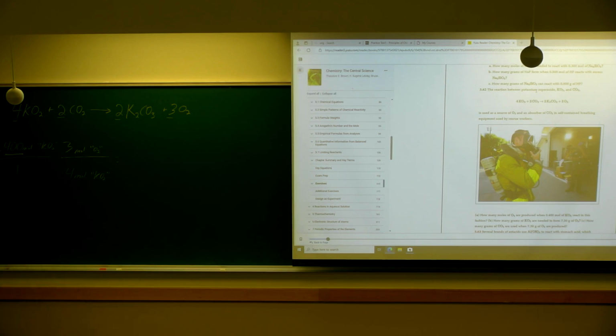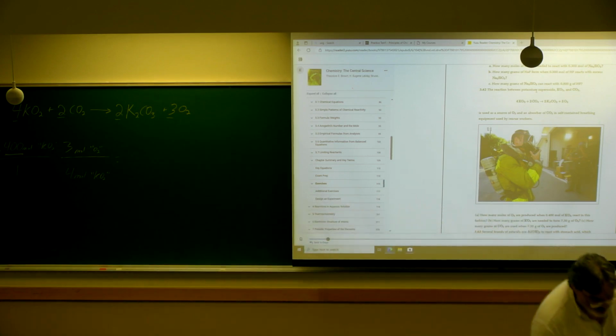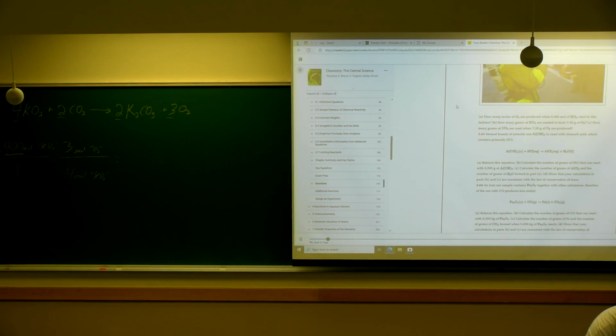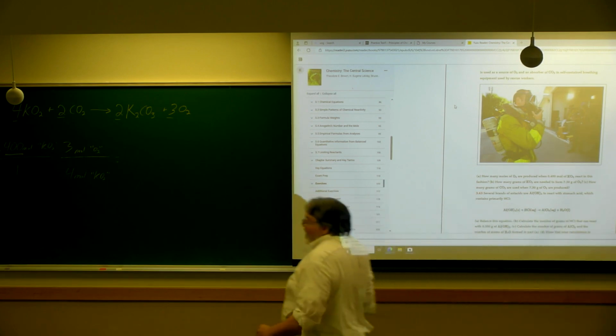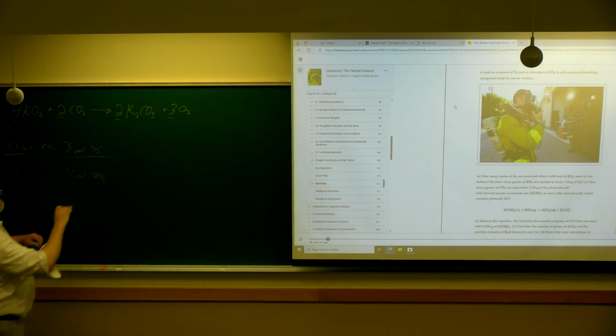Okay, one more step here. I'm hoping there's one right below here. No, okay, good. So number B in this question says, how many grams of KO2 are needed to form 7.50 grams of O2? So we need our grams per mole now of at least a couple of these.